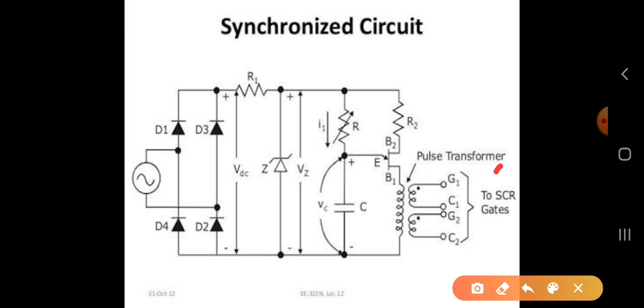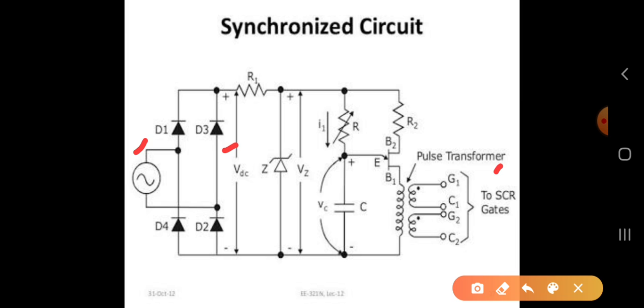Now let's see the operation of this circuit. Here I am using the AC supply, shown at the left side. I am giving the AC supply voltage, which I can consider Vs, and I use a bridge circuit consisting of four diodes, D1, D2, D3, D4. This entire four-diode arrangement is called a rectifier.